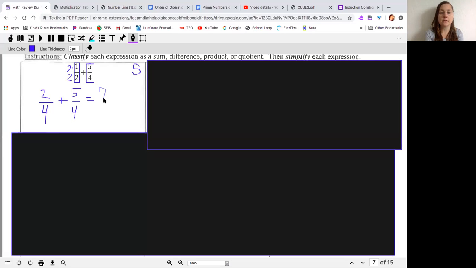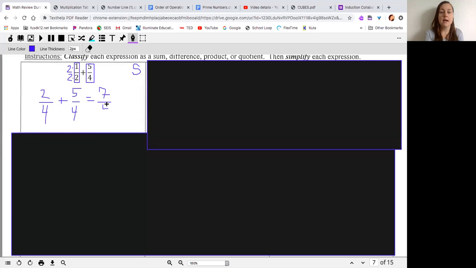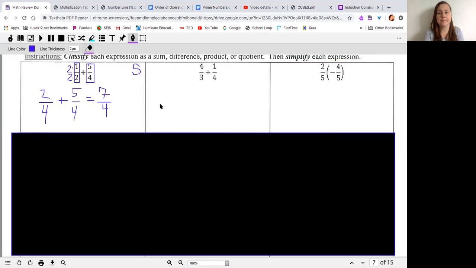So this equals 7 over 4. I'm hoping that you see that this is an improper fraction because the numerator is bigger than the denominator. If you want to convert it to a mixed number, you can. However, I'm not requiring it for this review.